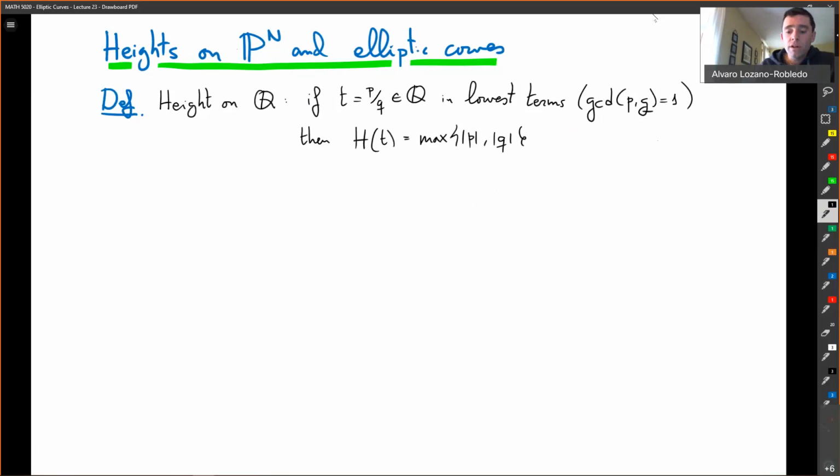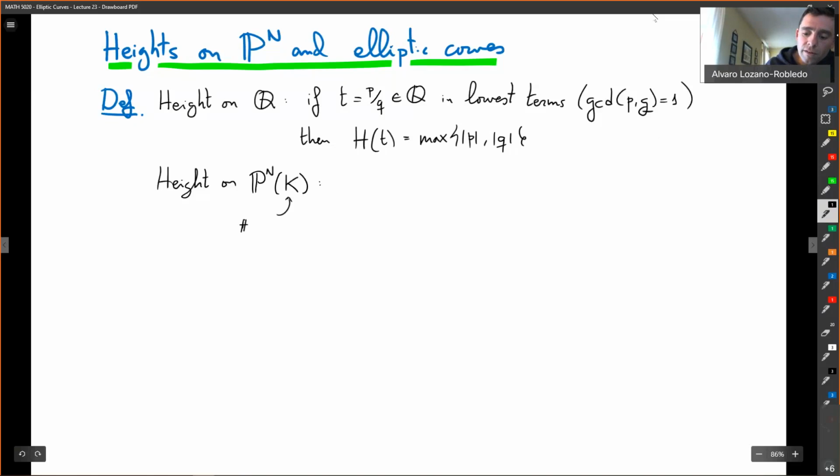We actually can write a height on projective space Pn of a number field. So here, K is a number field. As follows.